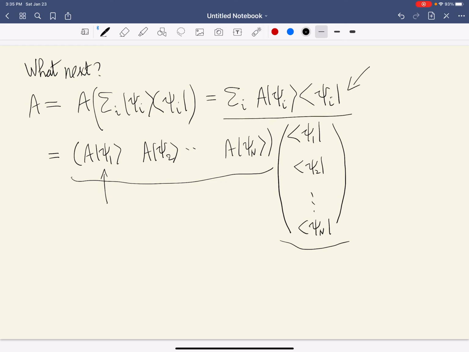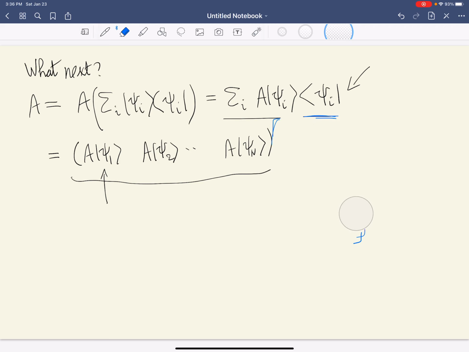But also notice that this object that appears as a big column is actually nothing but the Hermitian conjugate of V. So then we can write this whole thing simply as V dagger showing up on the right.